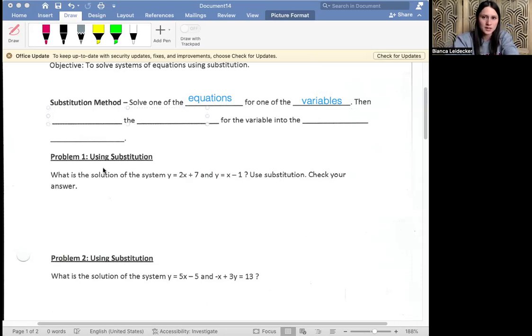So this is basically the steps that we're going to do today. So we're using both equations.